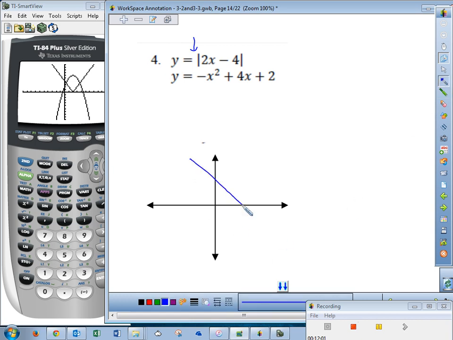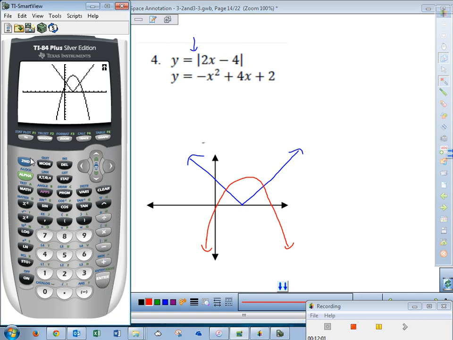Here's my V. Looks something like this. Here was my parabola. It looks something like this. This is not the kind of sketch we were making on our test where I give you the window and I'm asking for an accurate sketch. We're just looking, what do they look like in general, kind of sort of in the ballpark, and then let's find the solutions to this system. Isn't that where they intersect?